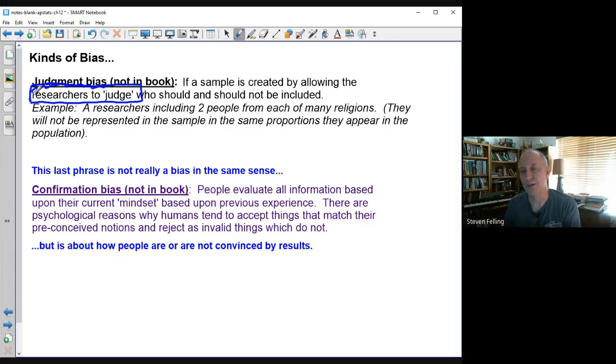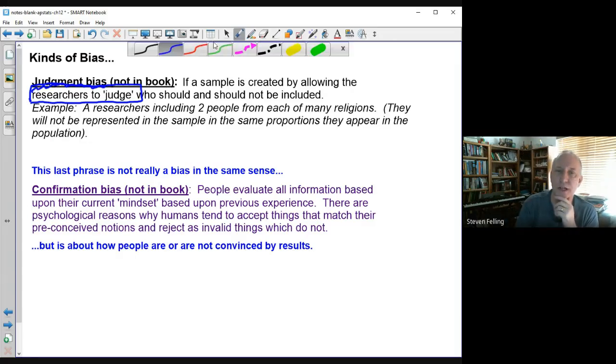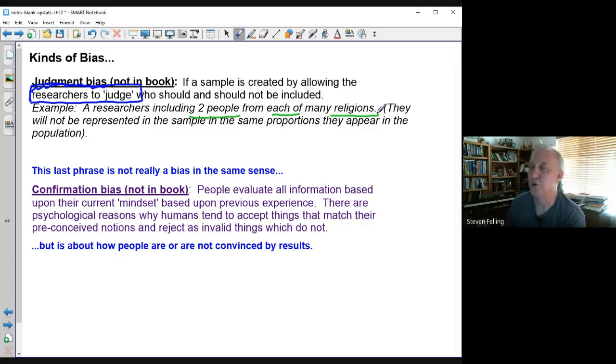Here's an example of why that's a bad thing. Let's say that researchers are trying to investigate some question that has to do with religion, okay? And they want to try to include two people from each of the religions. So who would they include? Well, maybe they would include a Catholic and an evangelical Protestant. They would include a Wiccan, an atheist, an agnostic, a Hindu, a Mormon.